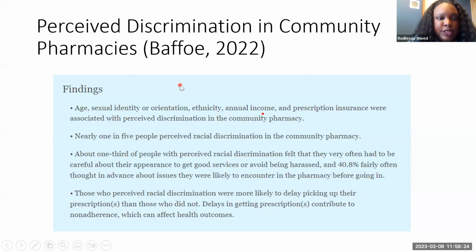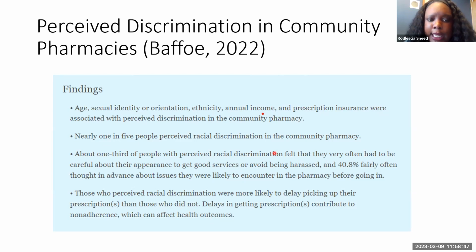Here's another study that was focused on community pharmacists. In this study, which actually came out last year, the authors looked at perceived discrimination in community pharmacy, and they looked at demographic factors that might predict feelings of discrimination.